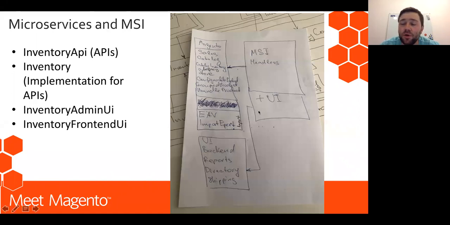But if merchants would like to use MSI UI, which is also provided as a part of MSI, there would be additional dependency on the UI module, backend, reports, directory, and shipping. So it's pretty interesting.